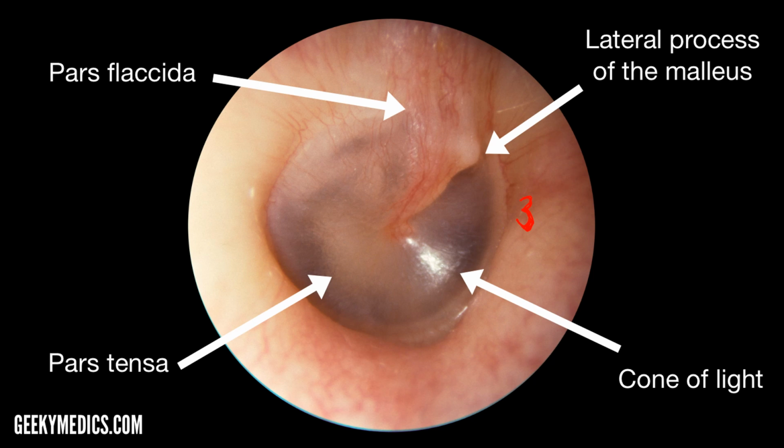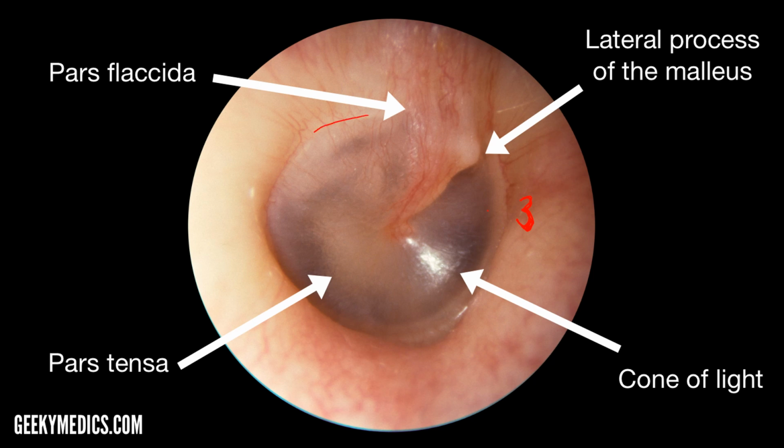Now on the previous slide, in the diagram, we could see the tympanic membrane from a coronal view, but now we're observing it actually down the ear canal. We're looking at it face on, so it appears in this disc shape, and you can describe the presence of lesions such as perforations, holes in the eardrum, in terms of a clock face.